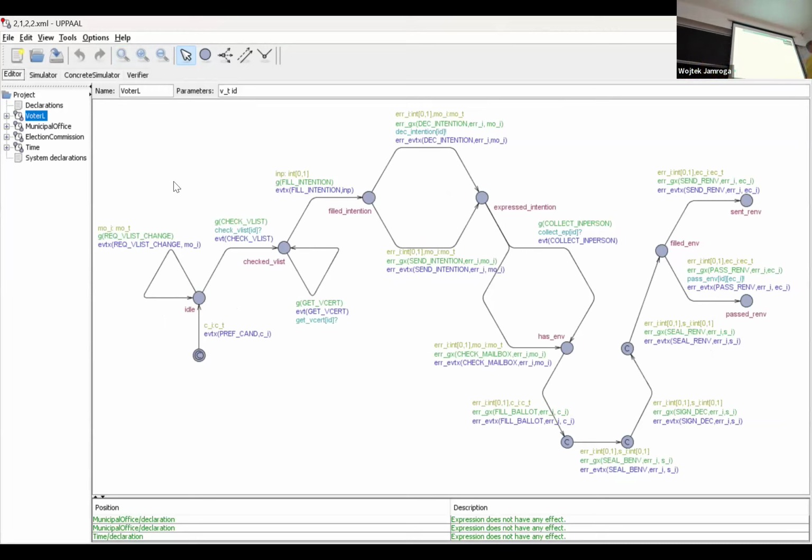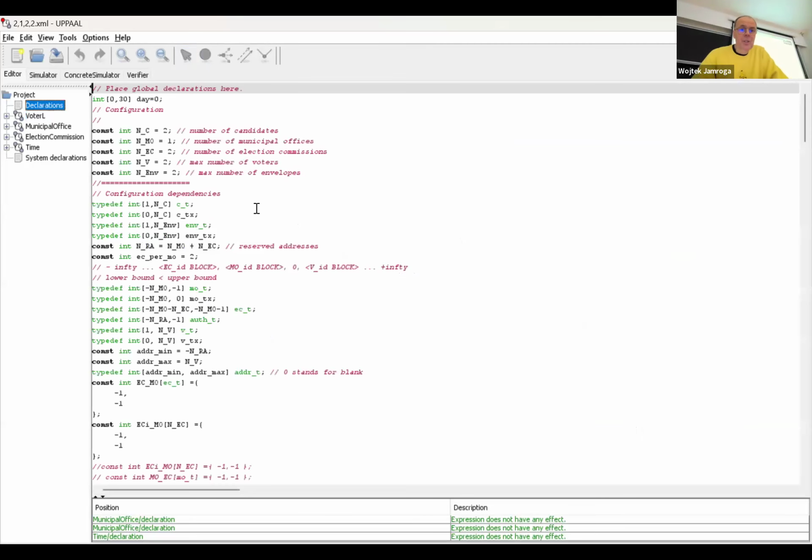Obviously, we don't want to specify a system consisting of, let's say, 10, 20 agents by just one monolithic graph. So the idea is that we specify the behavior of every component, of every agent, with a separate graph. The nice feature of UPPAAL is that if you have agents of the same structure, like many voters that follow the same kind of behavior, you just specify one template, one graph for a voter behavior, and then you declare how many voters.